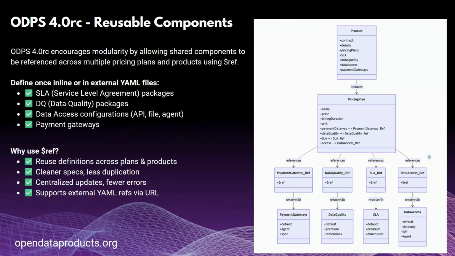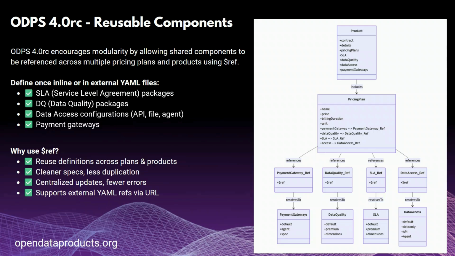So, an overview, which we will look at in more detail in this session. The overview of reusable components: the idea is that 4.0 encourages modularity and allows shared components to be referenced across multiple pricing plans and different products.